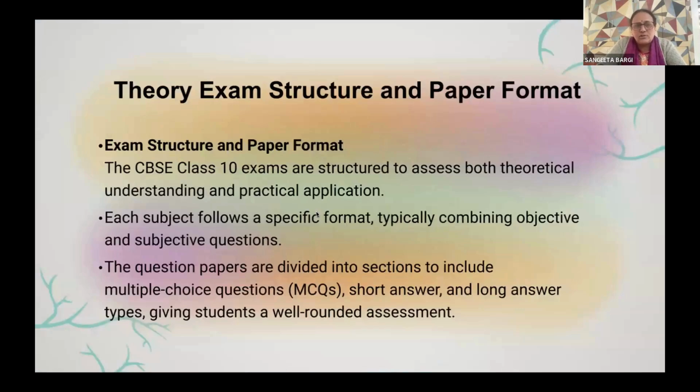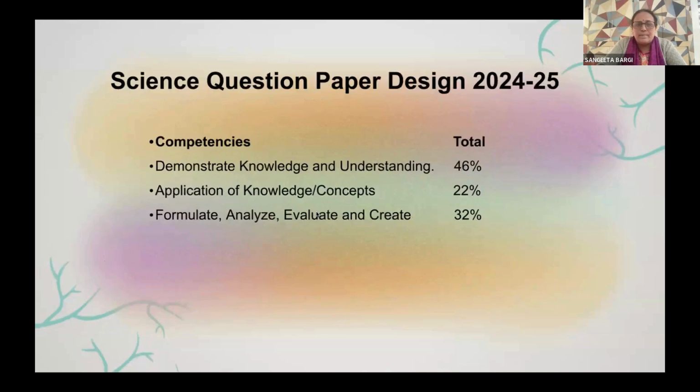So the exam structure and the paper format, as we are familiar with, the CBSE Class 10 exams are structured to assess both theory as well as understanding and practical application. That is the most important aspect. Here, like every subject, even for science, we follow a specific format, typically combining objective as well as subjective questions. Question papers are divided into different sections, which will include multiple choice, short answer questions, and long answer type, and this overall gives students a well-rounded assessment.